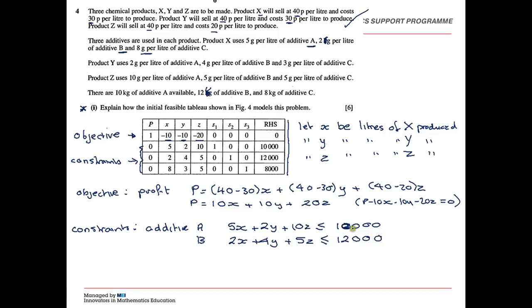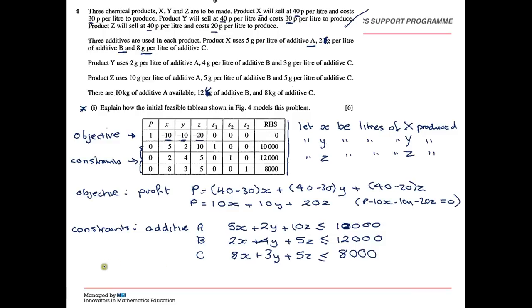I apologise, I didn't read correctly. And C is 8 grams of X, 3 grams of Y, and 5 grams of Z, and that can't be greater than 8 kilograms, so that's 8,000.